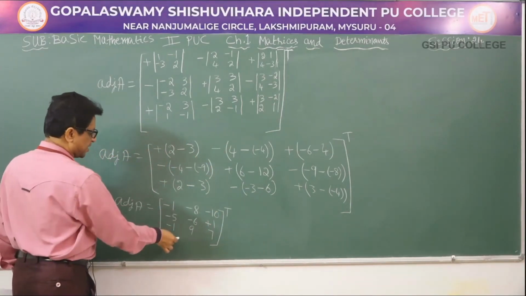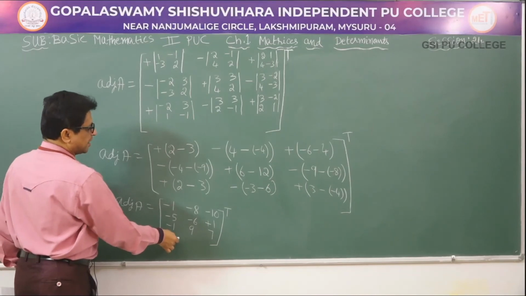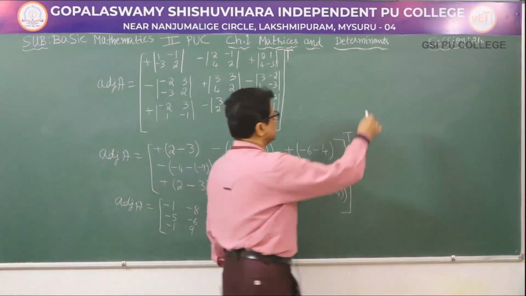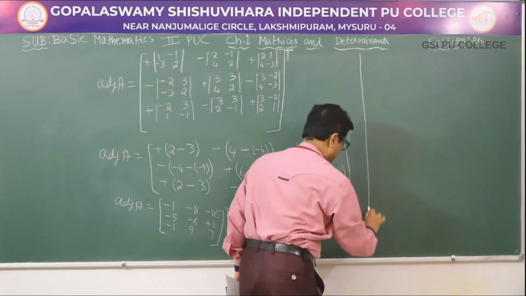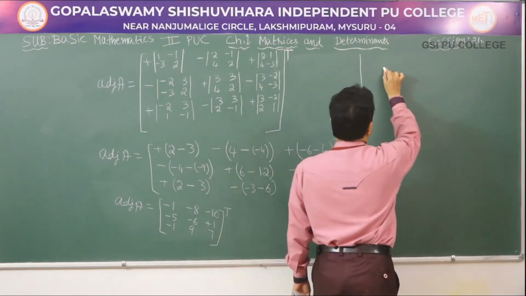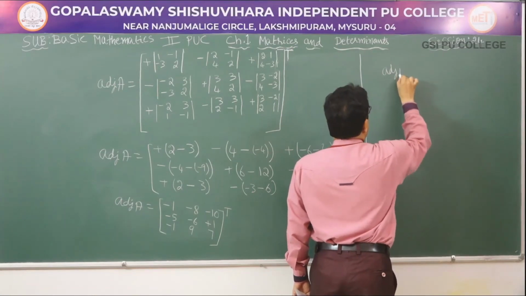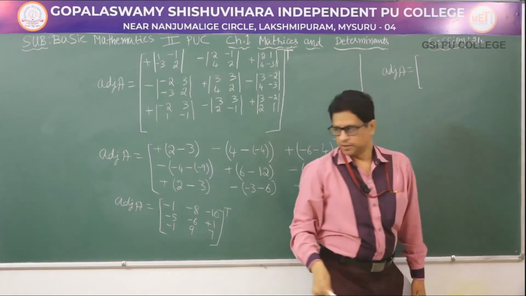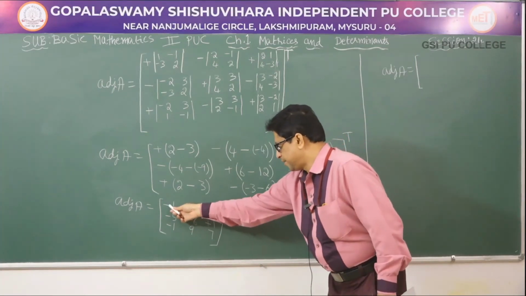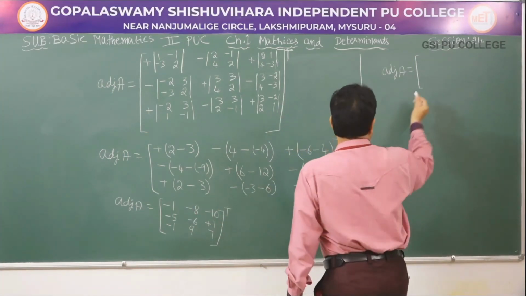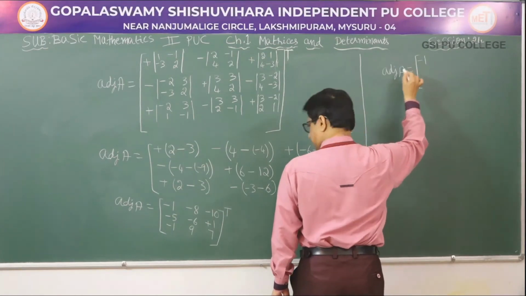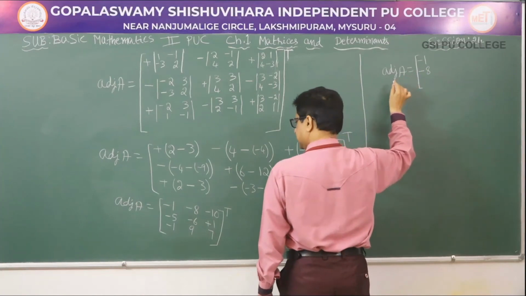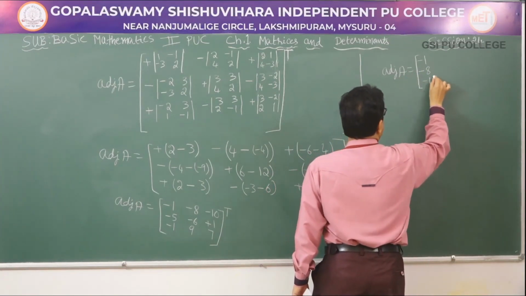After the simplification we have to take the transpose of the matrix. That is adjoint A is equal to, so the first row becomes first column: minus 1, minus 8, minus 10.